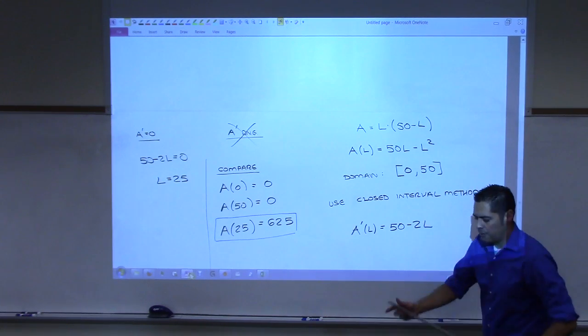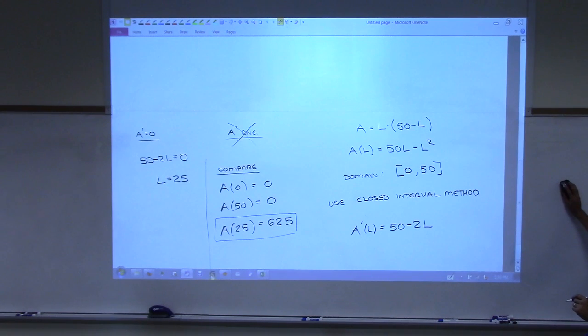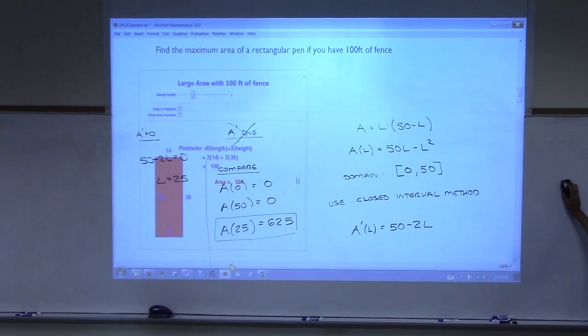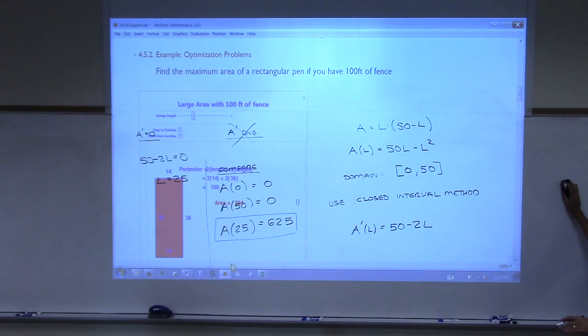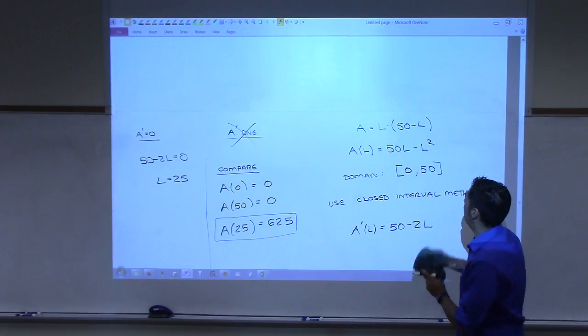So let's see if we can answer the question, because I don't think we've answered the question. What was it asking? Oh, we did. It said find the maximum area. It could have said find the dimensions of the pen that give the maximum area. So what I'd like for us to do is write it all down, okay? I want all this information summarized in an answer here.